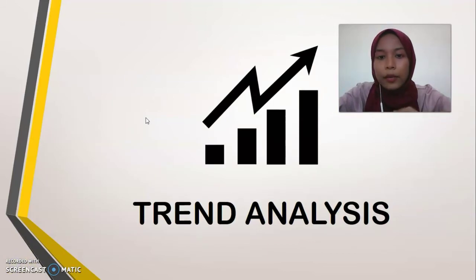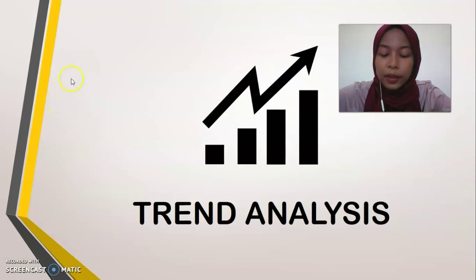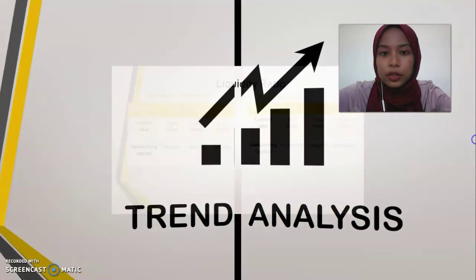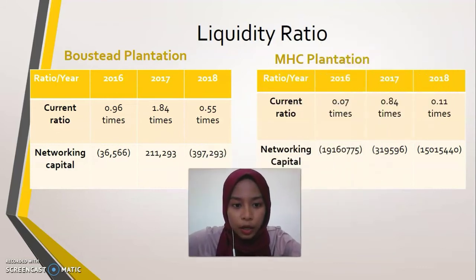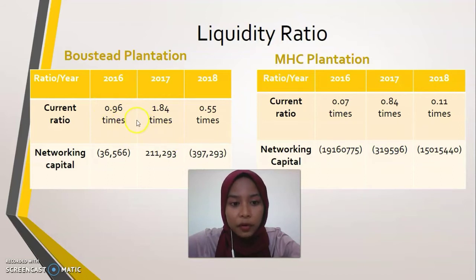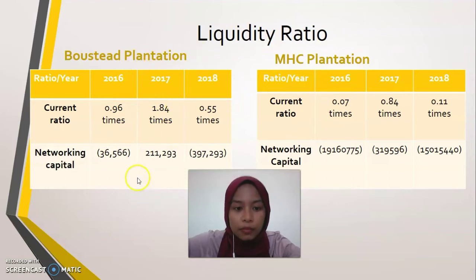Okay, I will start analyzing the ratios by trend analysis. As I said before, trend analysis is comparing the company's own performance over the years. I chose 3 years: 2016, 2017, and 2018. As we can see here, these are the ratios after I used the formulas I explained before for MHC and Boustead.